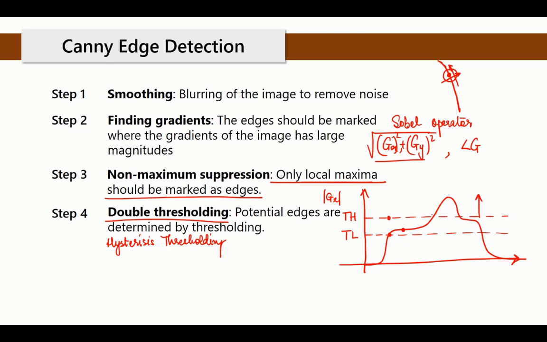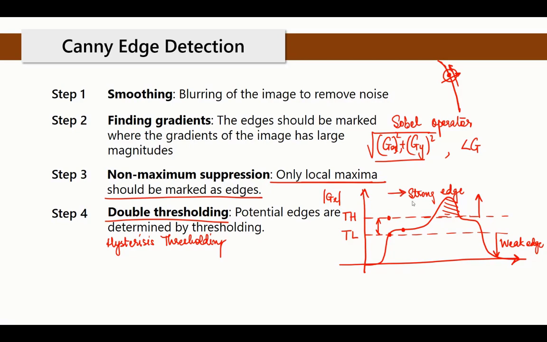Anything above this upper threshold, I'm considering to be a strong edge location. Anything below my lower threshold is a weak edge. I'm going to drop it. I'm not interested in it. But anything between these two thresholds, I'll look at whether those pixels are actually connected to a strong edge.